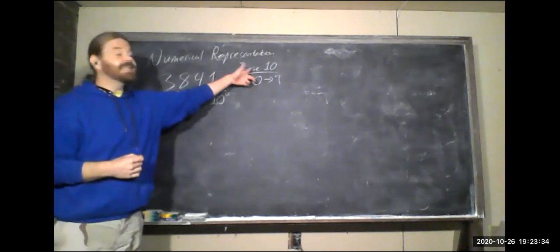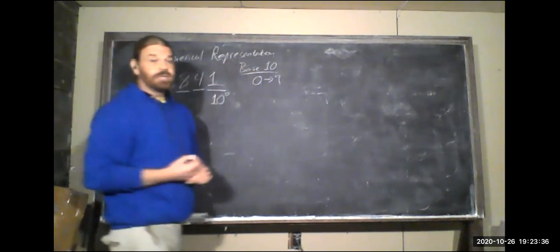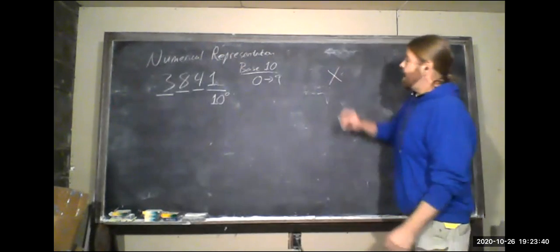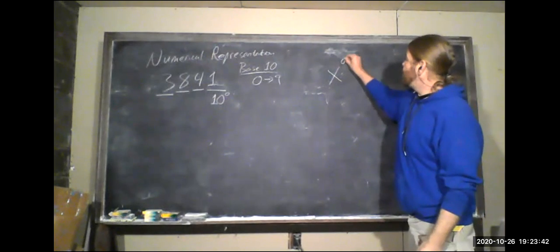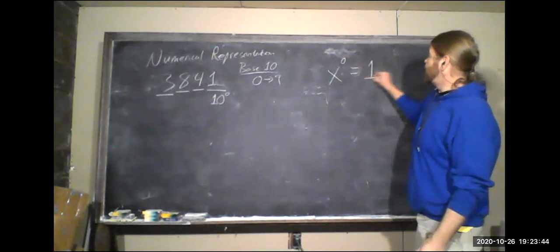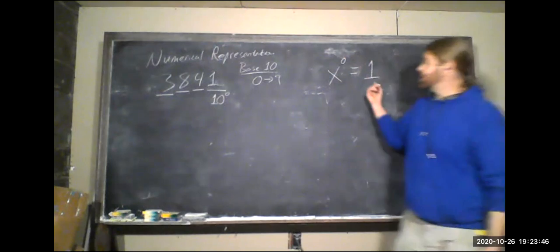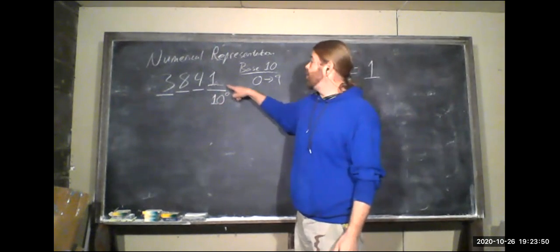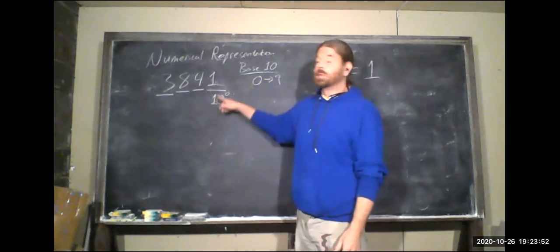So our base raised to the 0 power, because there's a rule in math that any number we raise to the 0 power means 1. So 10 to the 0 power means a 1 column.